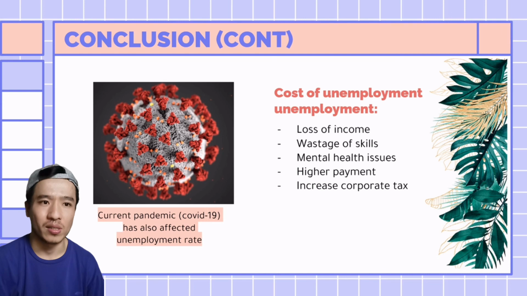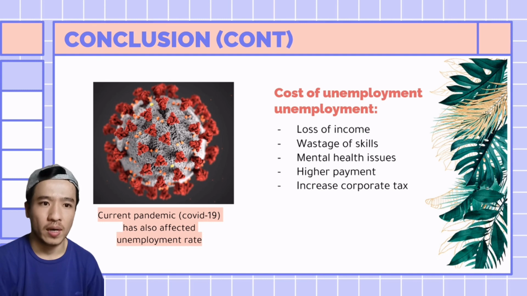This crisis has impacted the world in different ways. Many people are unemployed or their work hours are reduced. And the fourth is unemployment causes. The first is loss of income, which affects the standard of living, wastage of skills, and also the mental health of individuals.